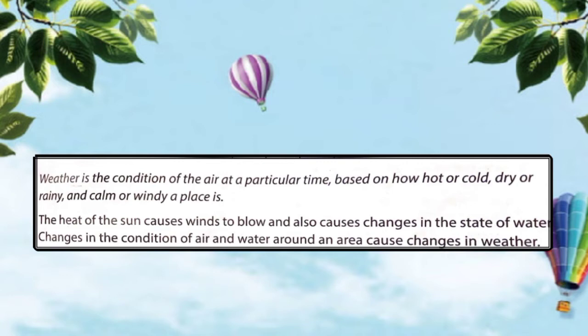A weather pattern occurs when the weather stays the same for a few days or weeks at a time. And there are a few different weather patterns that you may already know about, such as hot and dry, wet and rainy, or cold.